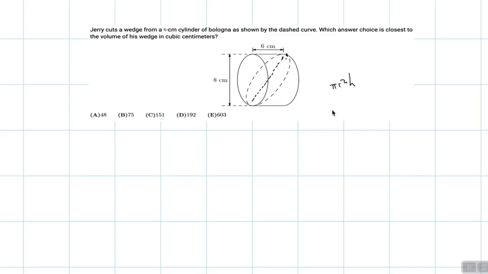I believe it's just half of that. So pi r squared, r is 4.